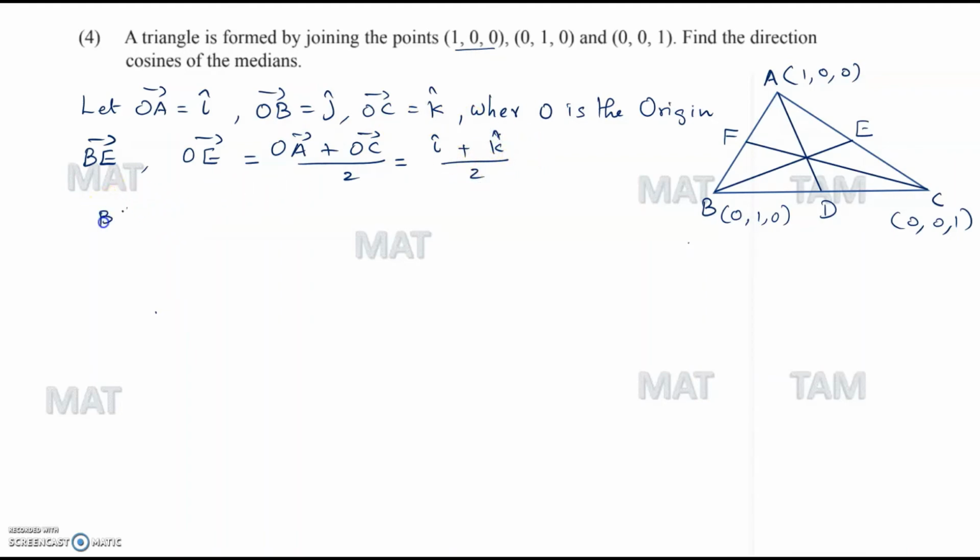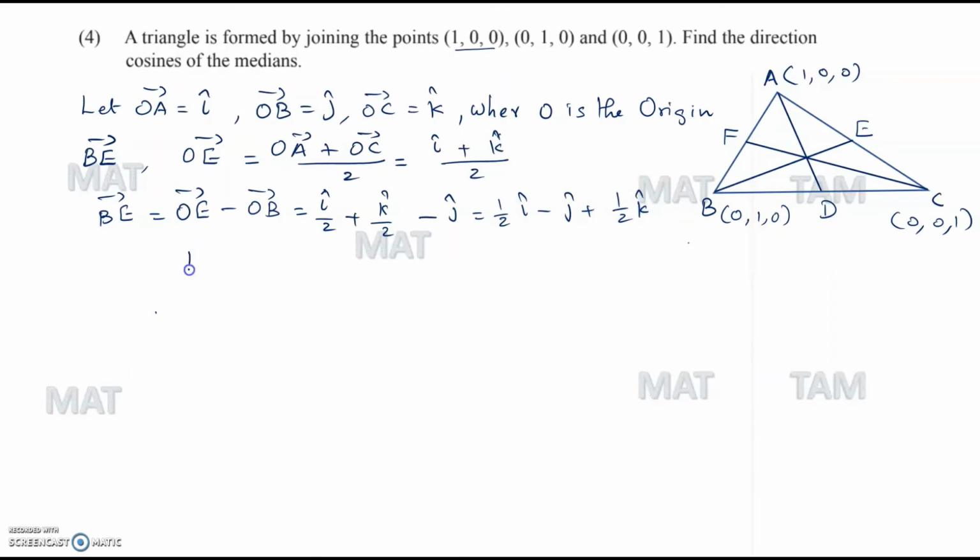Then our vector BE can be defined as vector OE minus the vector OB. So vector OE can be written as i cap by 2 plus k cap by 2, minus OB, which is minus j cap. So we can rearrange it and say 1 by 2 i cap minus j cap plus 1 by 2 k cap.